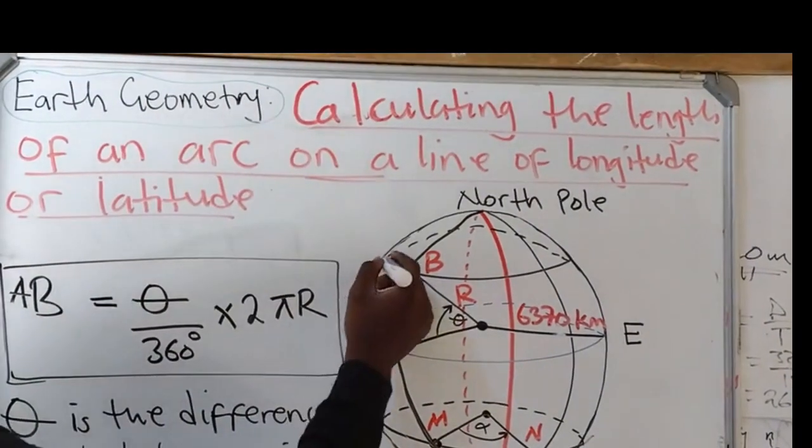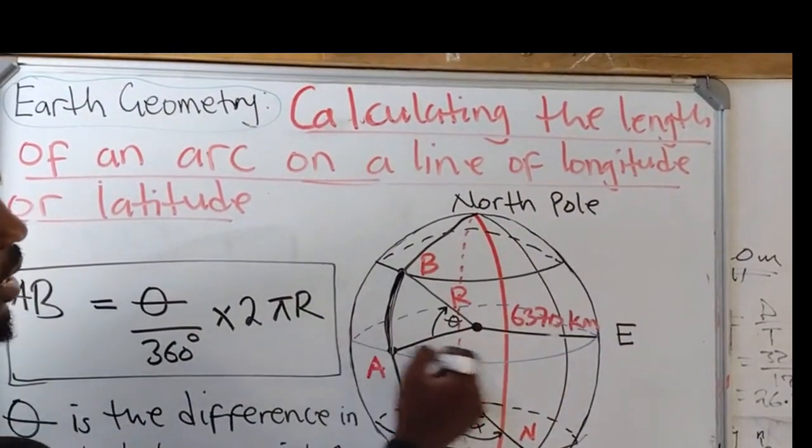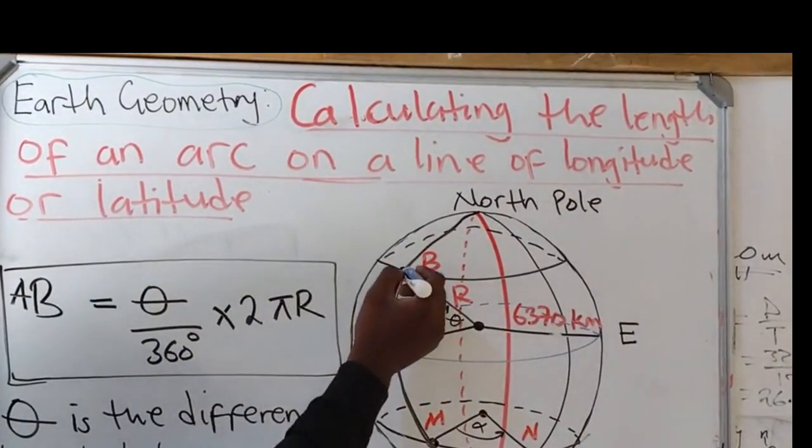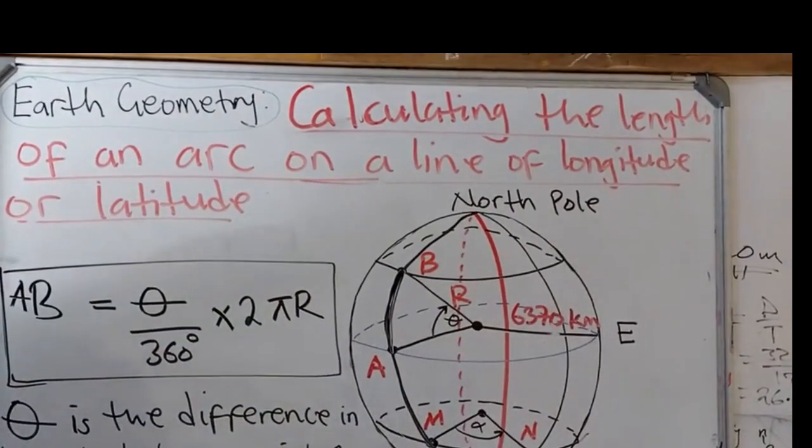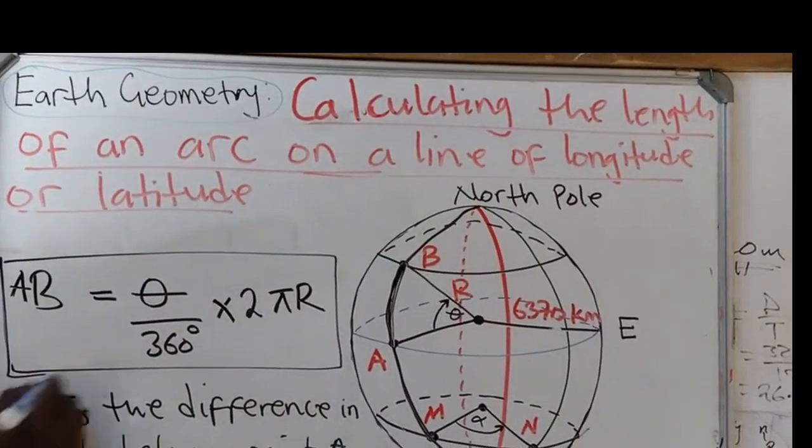You can see the latitude is passing here, another latitude there. The difference between the line of latitude for B and the line of latitude for A is the theta, which is here.